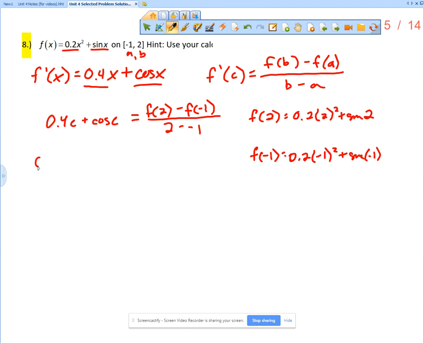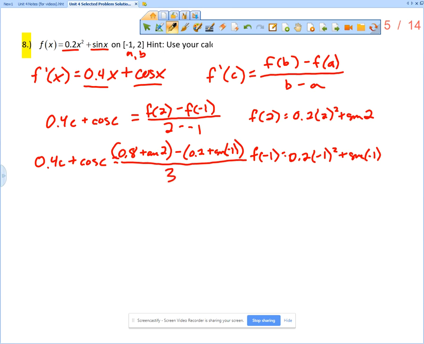So I'm going to have 0.4c plus the cosine of c equal to f of 2, which is 0.2 times 2 squared, so that would actually be 0.8, plus the sine of 2, minus this other thing. 0.2 times -1 squared would just be 0.2, and then plus the sine of -1. It's important to remember that you need to distribute that negative sign and then divide it by 3.